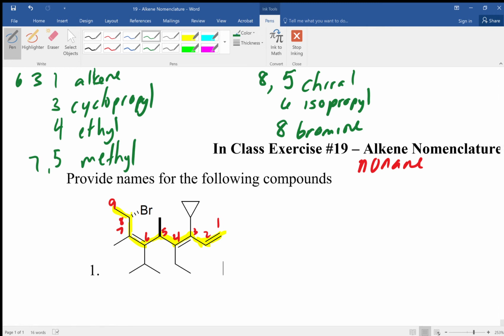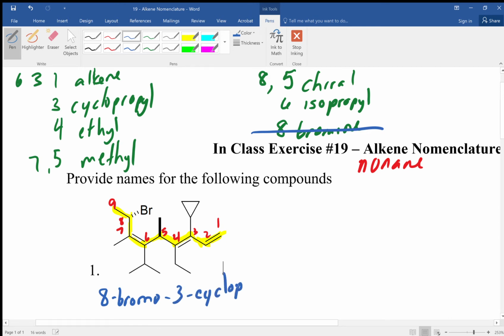So now I can use this to make this more organized as we go. So I'm going to start by doing the substituents. We'll worry about the R/S and the E/Z at the end. All right, what comes first alphabetically? That would be the bromine. So we have 8-bromo. And then I'm just going to cross each one of these off as we use them. Next is cyclopropyl.